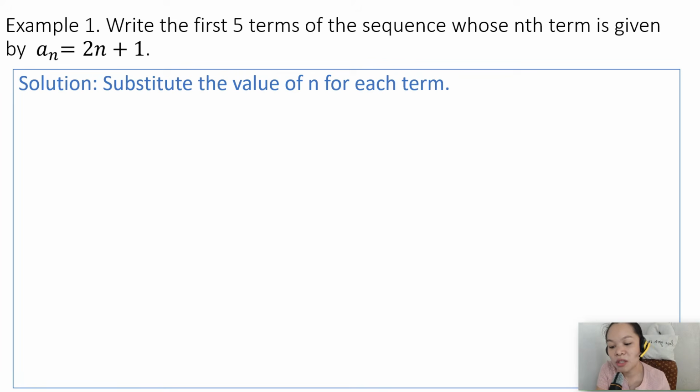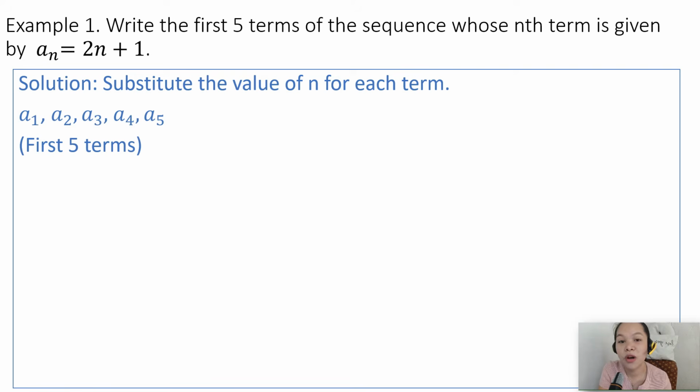Since we are going to solve for the first 5 terms, the unknowns are a1, a2, a3, a4 up to a5. Of course, use the main formula from the example itself. So we have a_n is equal to 2n plus 1. The variable that we're going to substitute here is n.